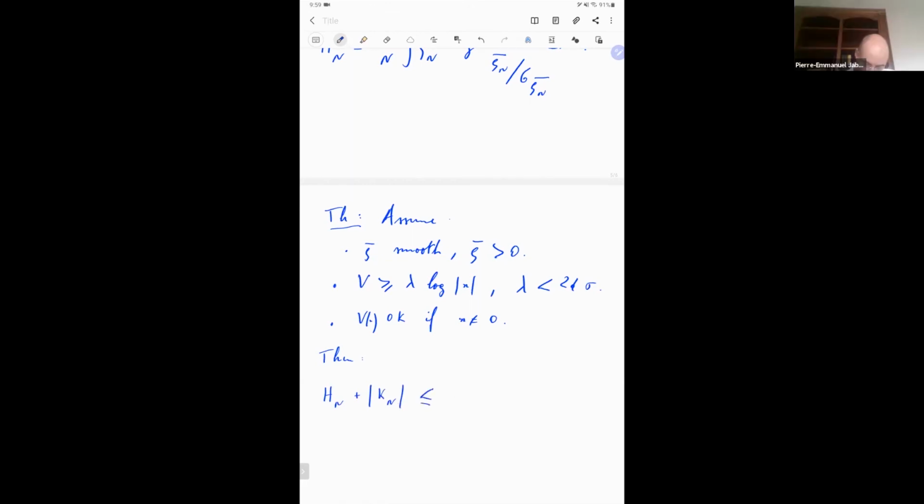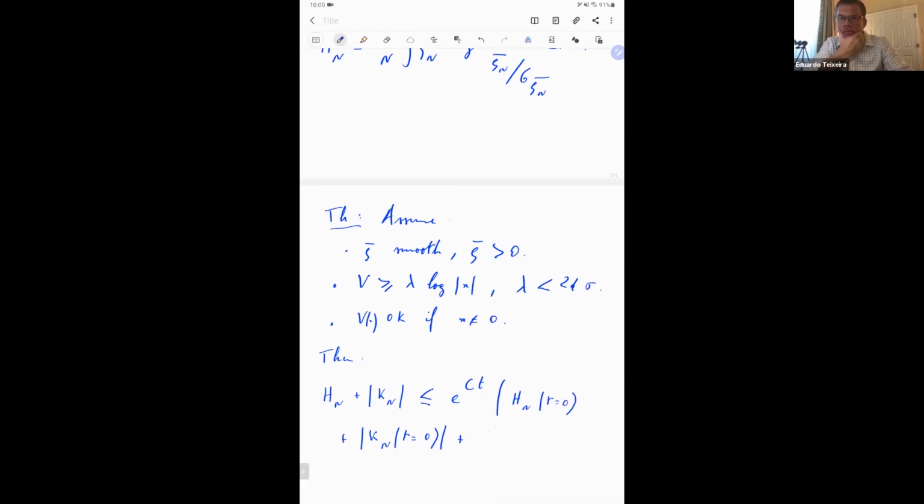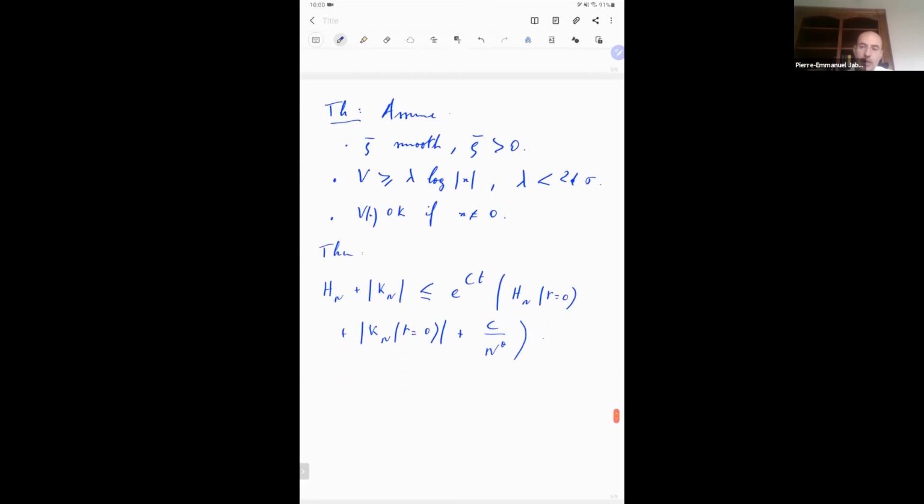And then I have an explicit Gronwall estimate. That gives me polynomial decay in N.